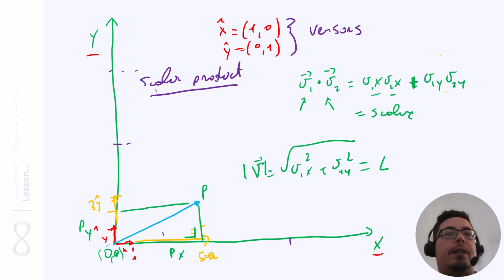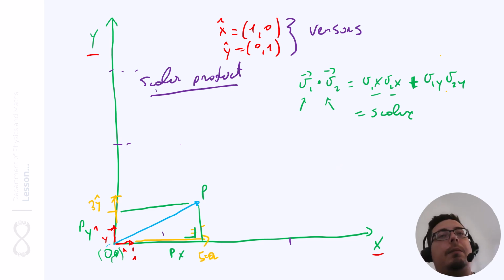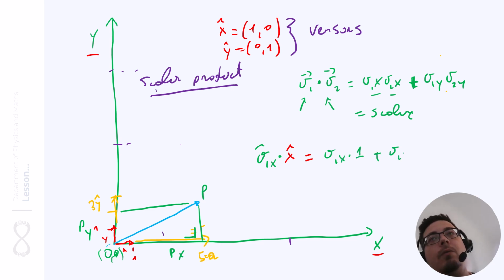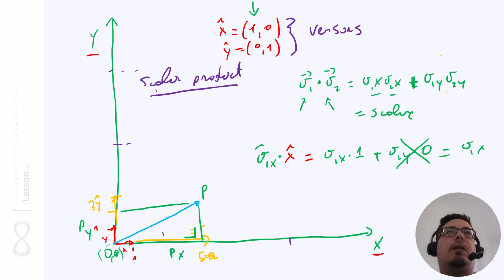So one way to extract the coordinate from a vector is very easy. You take the scalar product of the vector v1 with the versor x. Why is this the case? Because this will be v1x times 1 plus v1y times 0, and this is 0. So this is v1x, because we're using this definition up here, 1, 0, the components of the versor.